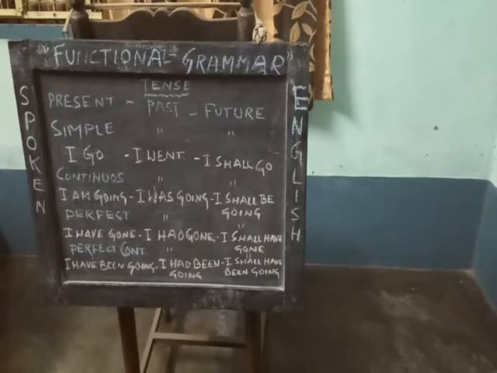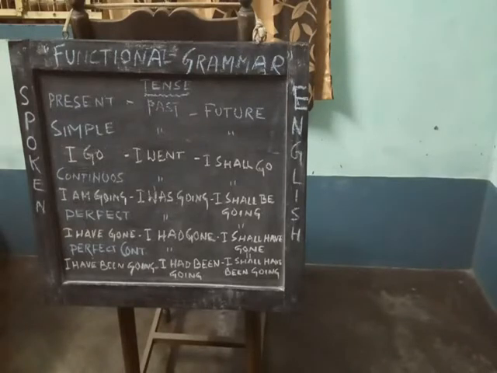The first is time now, the present tense. The second is time then, the past tense. The third is time to come, the future tense. Up to this it is clear.